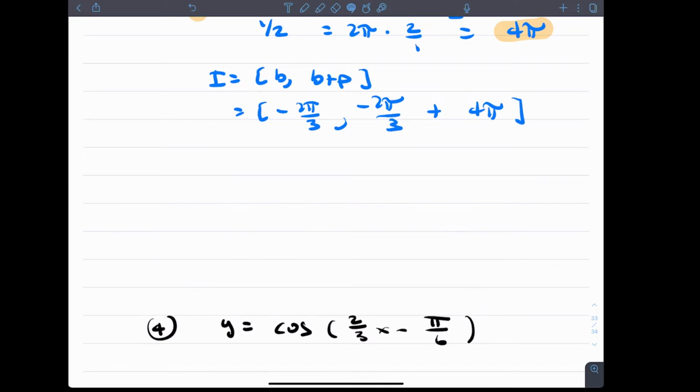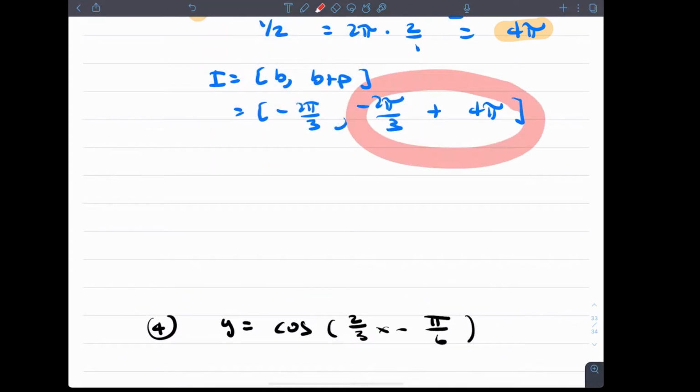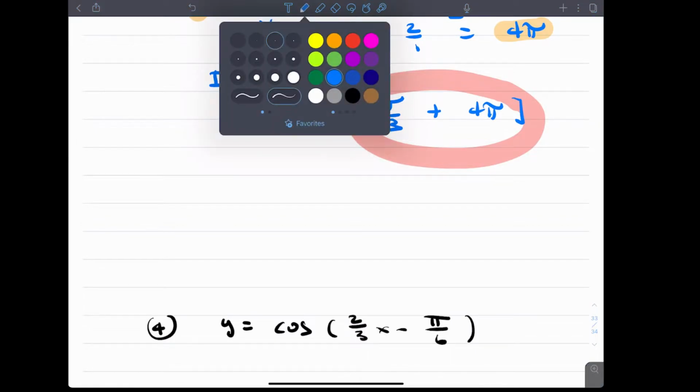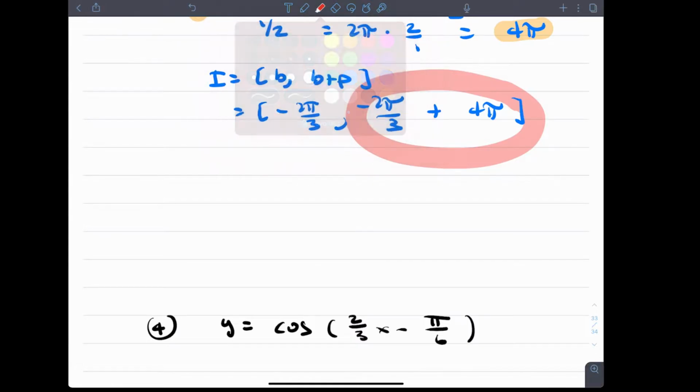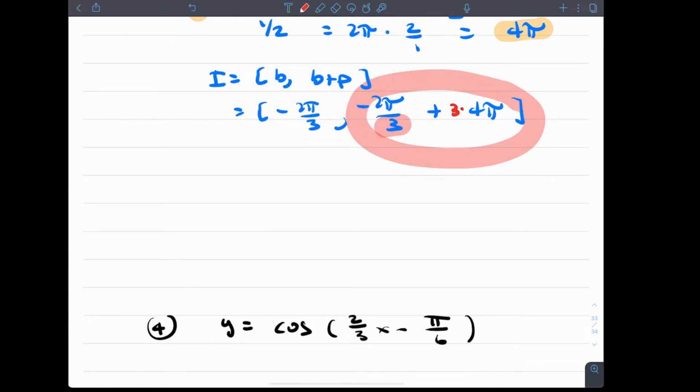So how do I start to do the arithmetic here with fractions? Okay, what do you guys remember? Remember, what is this? 3, is that right? So multiply the top by 3, bottom by 3. So what does that arithmetic really give you? And that negative 2 pi over 3 plus what? 12 pi.